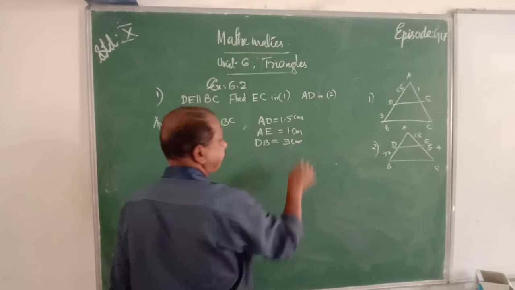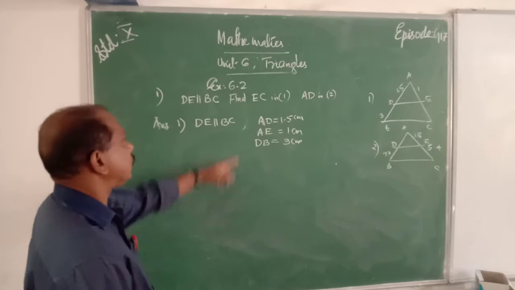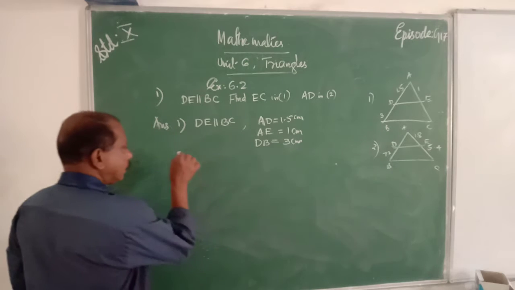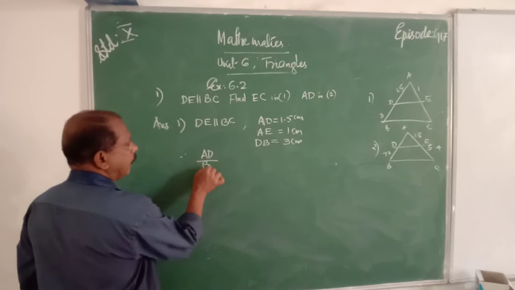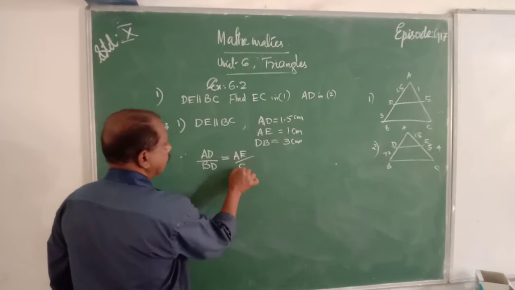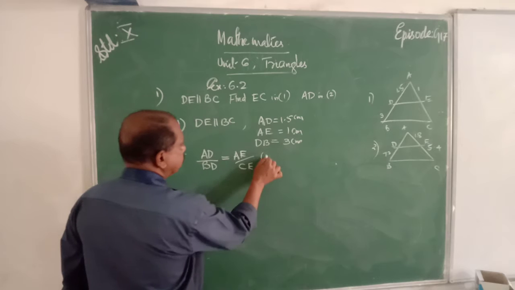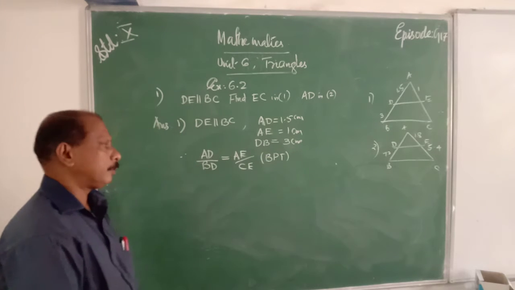They are given. We can find out CE. Therefore, AD by BD is equal to AE by CE. That is the basic proportionality theorem.